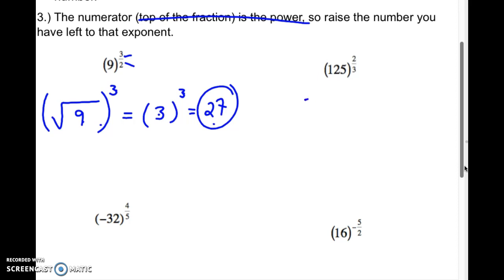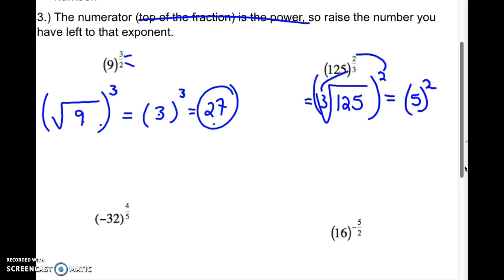So in this problem over here, the denominator is 3, so that will be the cube root of 125 squared, and the 2 comes out there, the index is down there. The cube root of 125 is 5, and 5 squared is equal to 25.